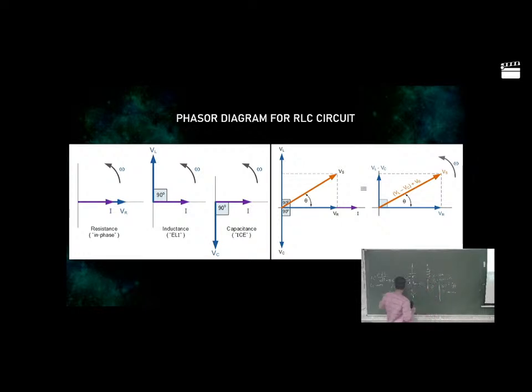So this is the reason why the capacitor does not allow sudden change of voltage across it, and the inductor does not allow sudden change of current through it.